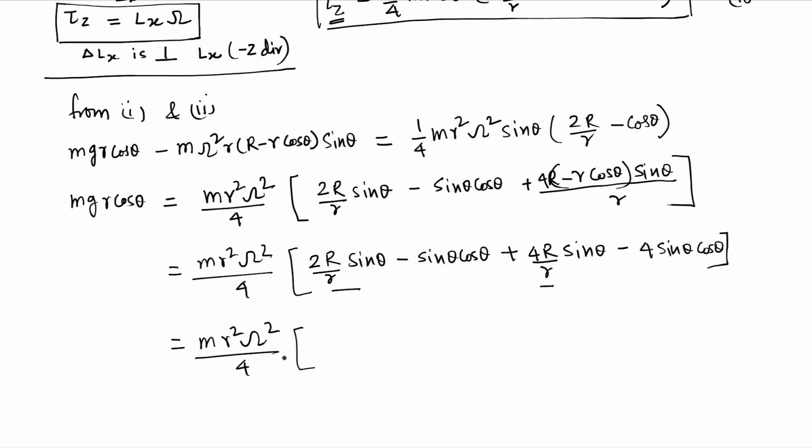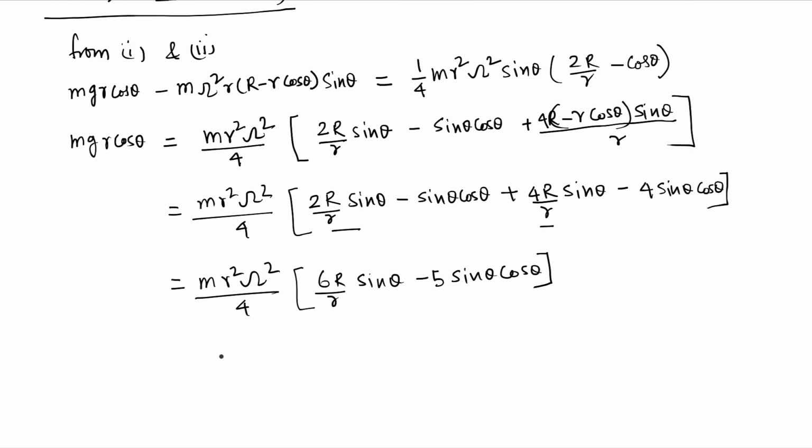This and this will become 6r by R sine theta, and the rest is minus 5 sine theta cos theta. Okay, so we can simply take the cos theta outside. So mr square omega square, and also we take the 4r and cos theta. So then it becomes 6r tan theta minus 5 sin theta.